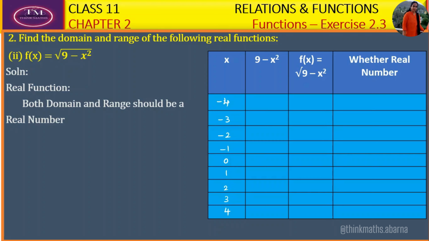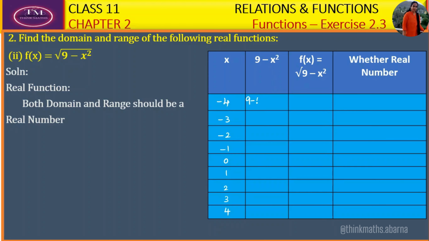I took minus 4 because 9 minus minus 4 whole square is 9 minus 16, so some negative values will come. To check whether this negative value belongs to the real number system, I included values from minus 4 to 4. Now it is 9 minus x square, with x as minus 4.